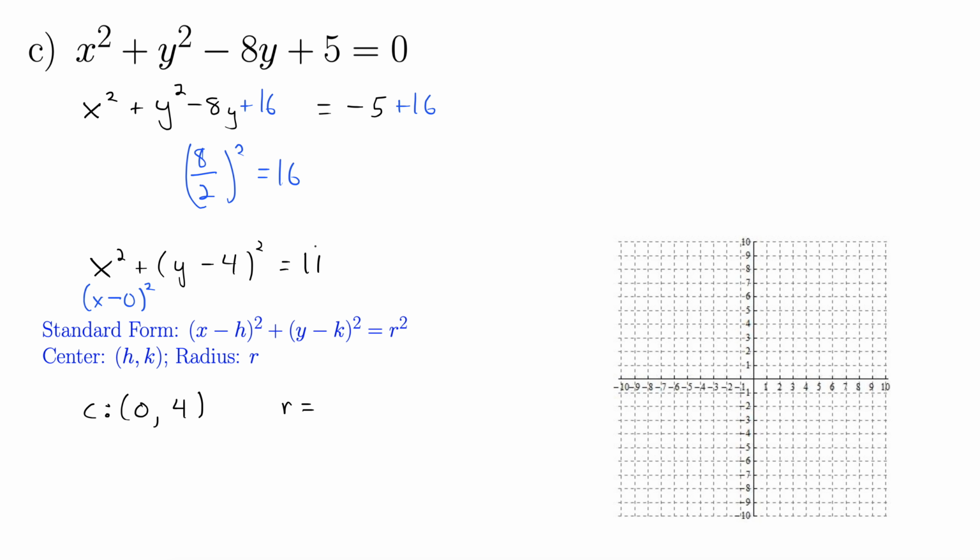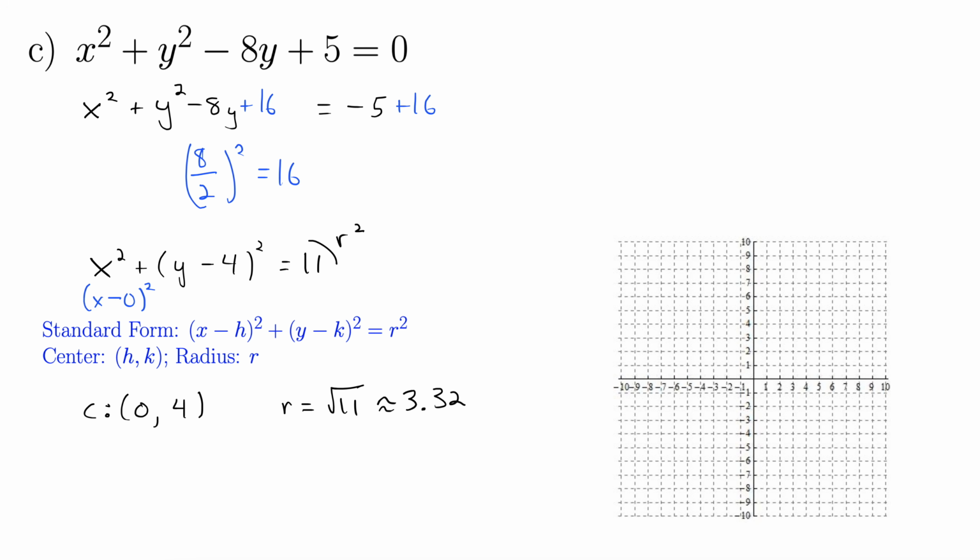Radius, well, 11 is r², so the radius must be the square root of 11. We need to know what the square root of 11 is in order to graph this, so we feed it into a calculator and get an approximate value, about 3.32. That should be enough to graph it.